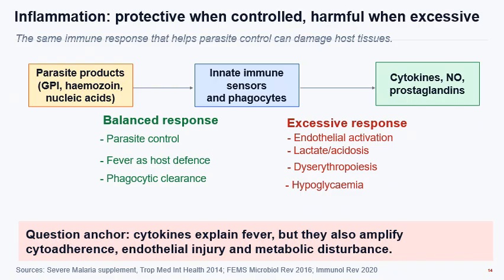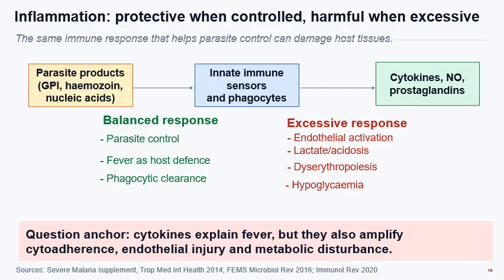Inflammation is not entirely harmful. A controlled innate response helps limit parasite growth and promote phagocytic clearance. The problem is an excessive or poorly regulated response, particularly when it occurs alongside high parasite biomass and sequestration. Cytokines activate endothelium, increase adhesion molecule expression, and worsen metabolic stress.